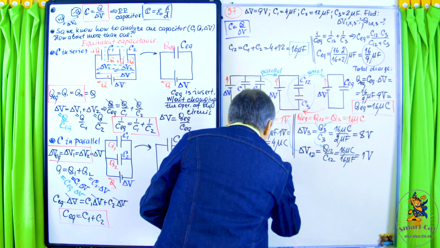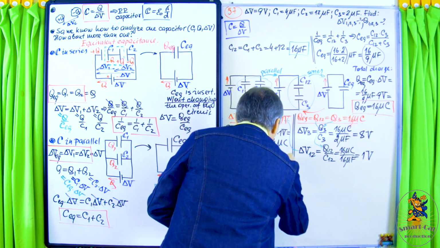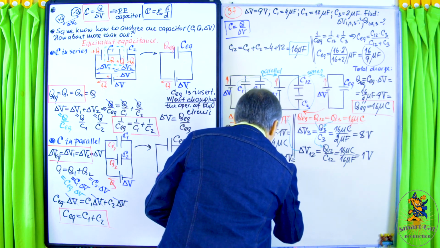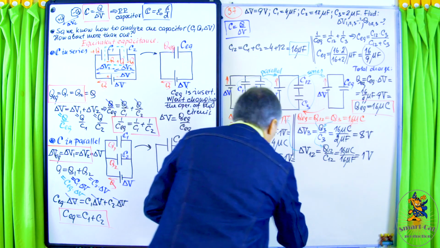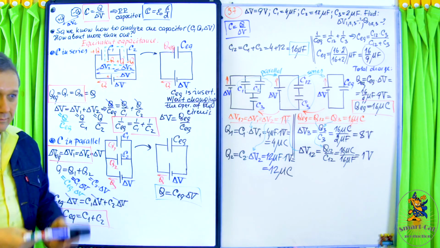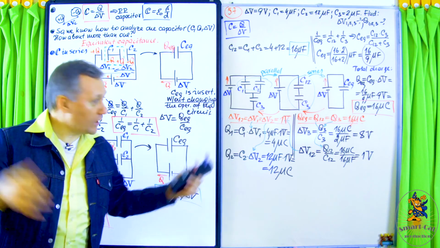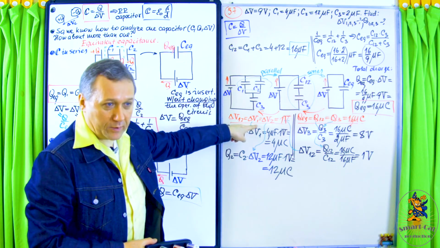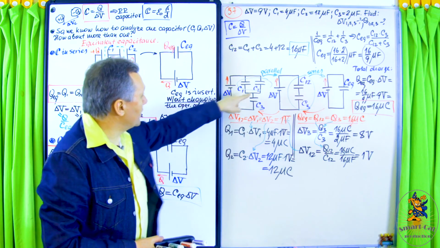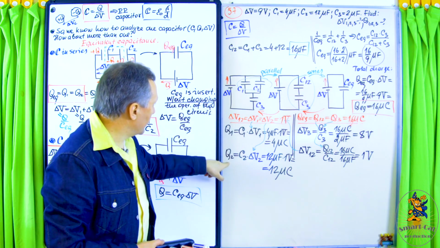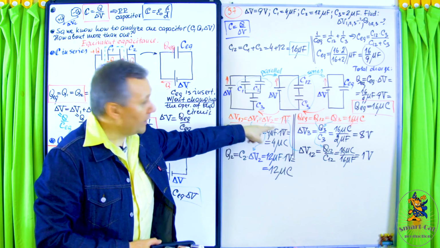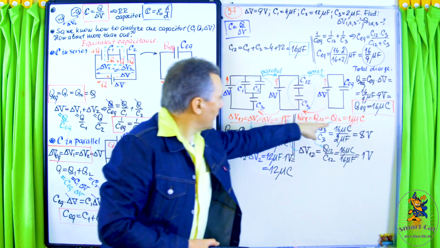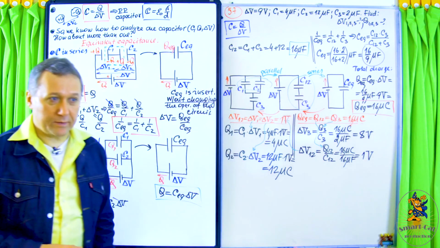So it will be 12 microfarads times 1 volt equals 12 microcoulombs. That's it. So now we know everything about C1, Q1, and delta V1. Then we know everything about C2, Q2 and delta V2. And over there, we found everything about C3, Q3 and delta V3. Done.